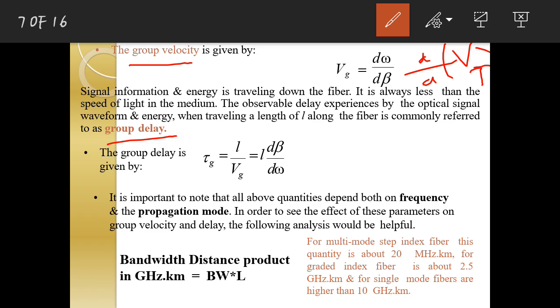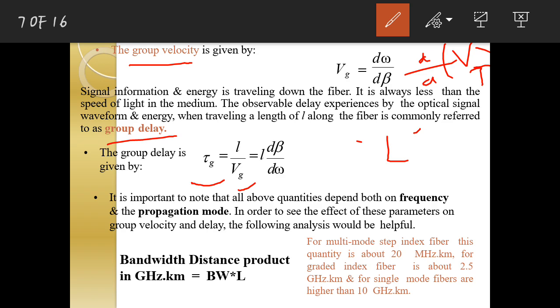Once you know group velocity, it is not necessary that only one wave is propagated. You will have n number of waves, each traveling with its own velocity, so you can calculate the group delay. Group delay is defined as tau g, which is inversely proportional to group velocity, and you are calculating for the entire length of the fiber, therefore L is multiplied.